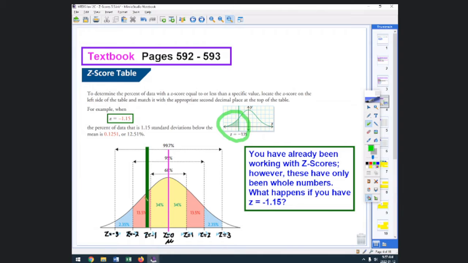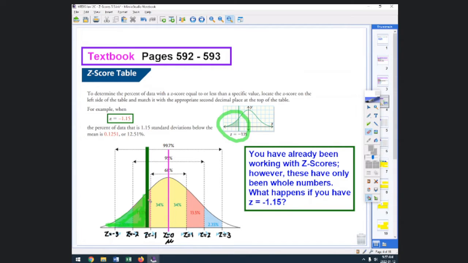That's how you can remember it. Whenever you get a z-score, you're always talking about the area that's to the left of the z-score. I'm not talking about the percentage of data that is above the green line. I'm talking about the percentage of the data that's below the green line.